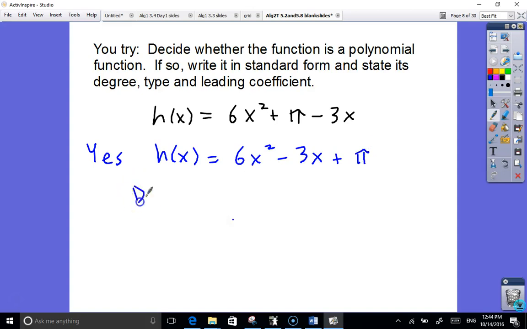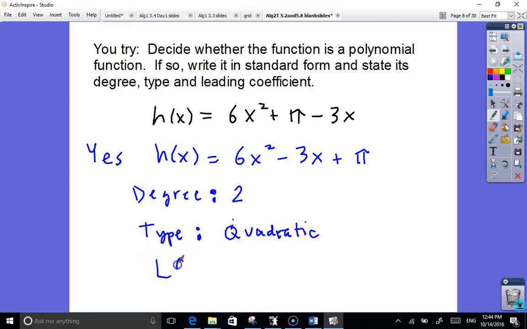Okay, the degree is 2. The type is quadratic. And the leading coefficient is 6.